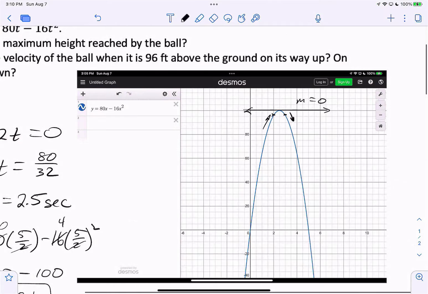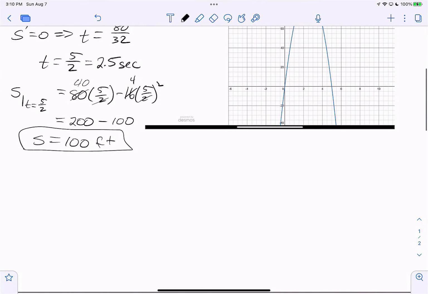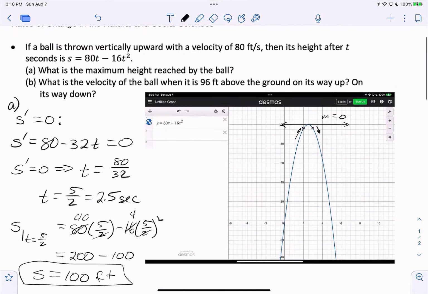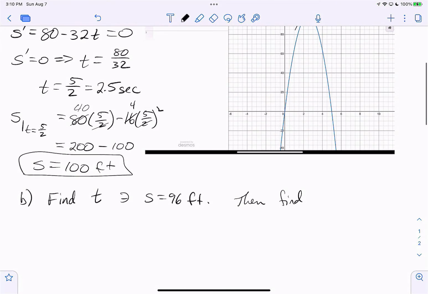What we need to do then, for part B, is find the time such that the height is 96 feet. Then find the velocity s prime at those t values. I'd like for you to go ahead and do that and then come back when you're done.